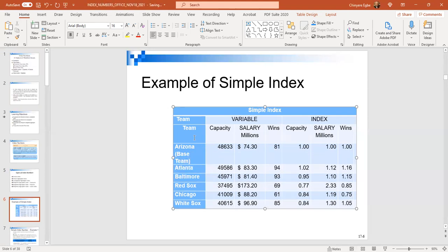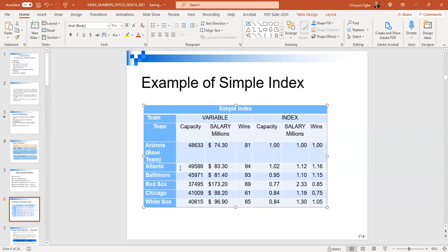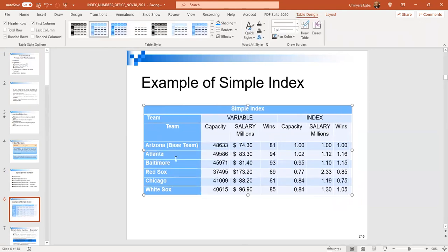Now, when we say Arizona is the base, then we are comparing Arizona to everybody else. That is what we are doing. So in doing that, we take each of these variables, the wins, the salaries, the capacity, and then we compare them to Arizona, the base, by dividing these values by Arizona's.